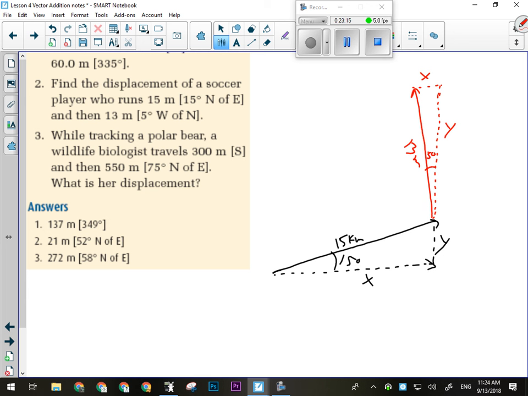So that's what the 2 vectors should look like, which means that our resultant will look like that. So hopefully your diagram looks like that. If it doesn't and you're not sure where you went wrong, let me know and I can come give you a hand.